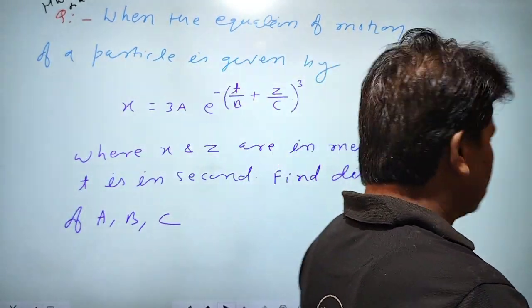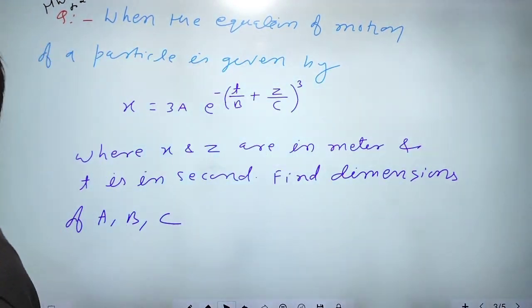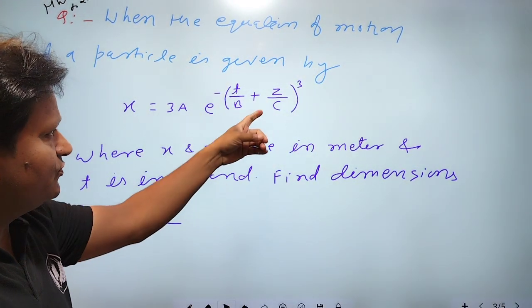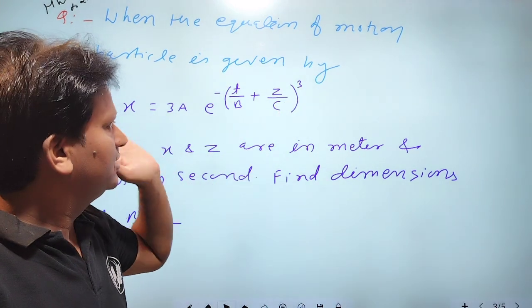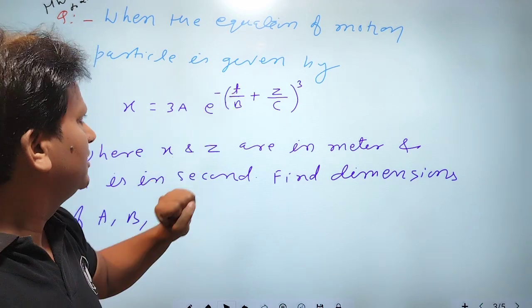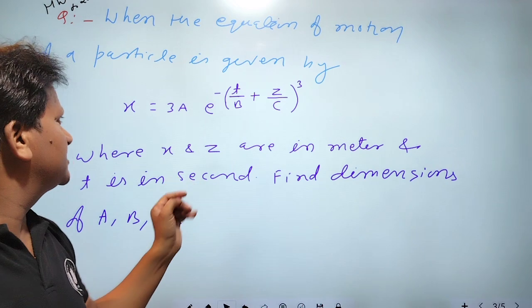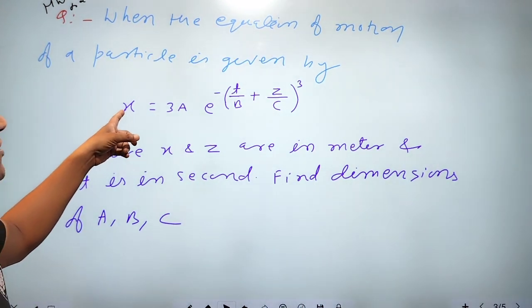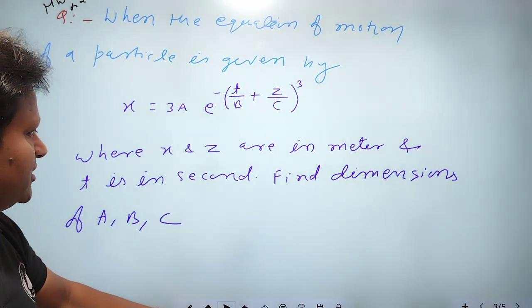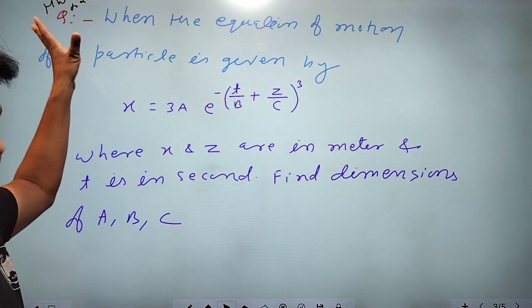Since z is in meter, therefore dimension of c will be equal to L and dimension of b will be equal to T. Here this quantity is dimensionless, therefore dimension of x will be equal to dimension of 3. Okay? This is homework.